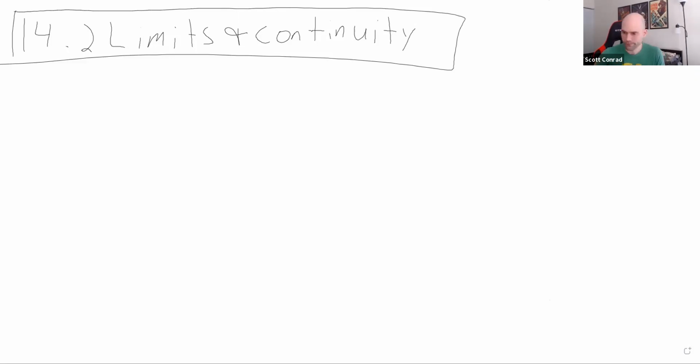Let's quickly remind ourselves how limits work for functions of one variable, and then we'll see how things are a lot more complicated, unfortunately, for functions of several variables.